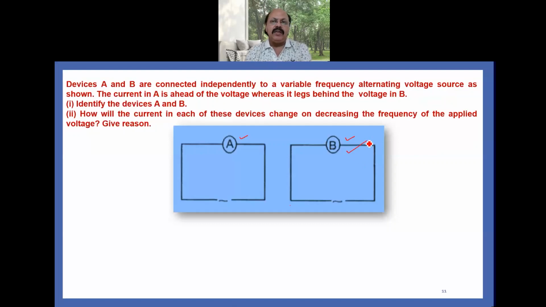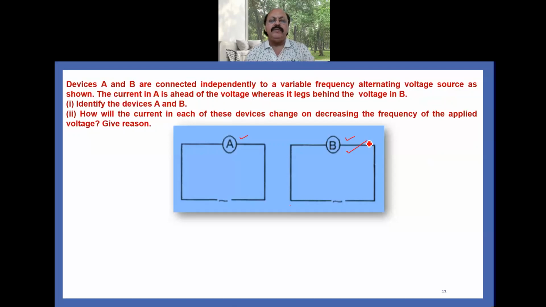Just apply the concept you have learned, write your answer, and after that check your answer also. Second part: how will the current in each of these devices change on decreasing the frequency of the applied voltage? Give reason. As you know, current equals voltage upon capacitive reactance in case of a capacitor, inductive reactance in case of an inductor, and resistance R in case of a resistor.